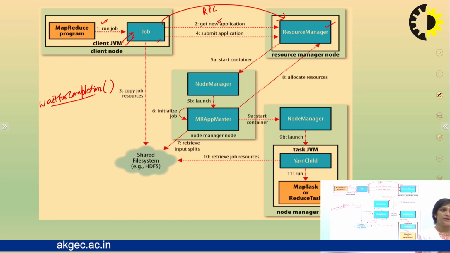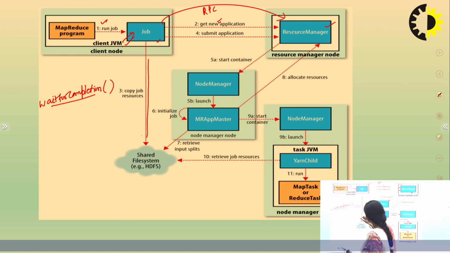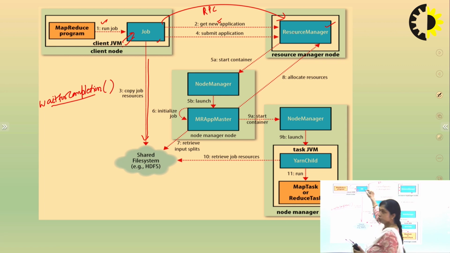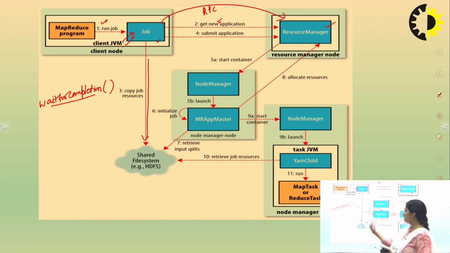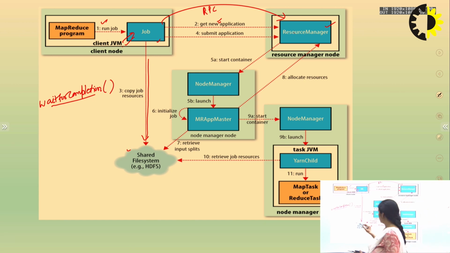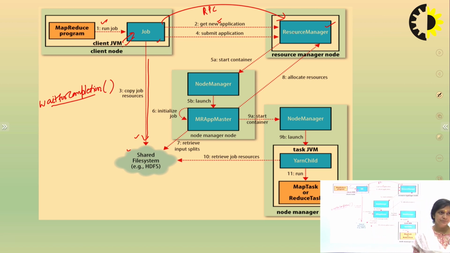After taking the ID, now what will the client do? Client will check in the HDFS. Second phase, get the new application ID, and in the third point, client will copy the job resources in the HDFS. But when it copies the job resources, suppose the job is already executed for that particular ID, then it will take the output, the job is completed, and exit the job.